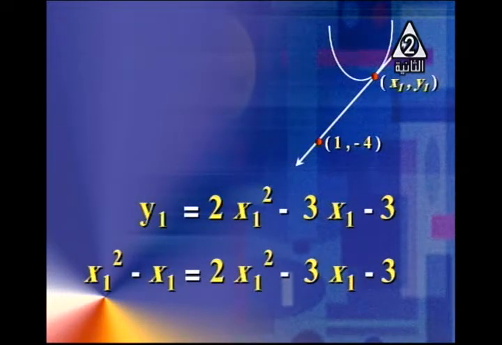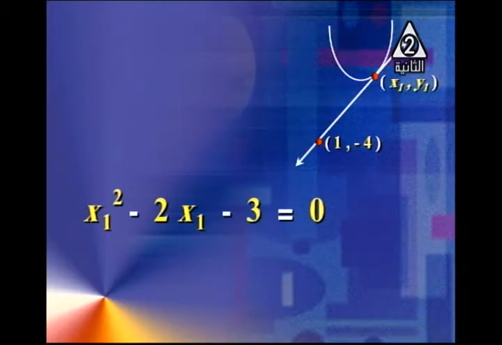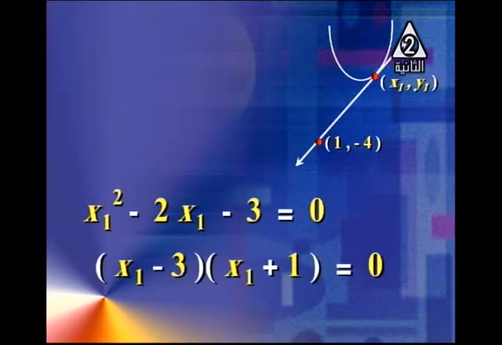Then x1 squared minus x1, this is y1, equals 2x1 squared minus 3x1 minus 3. Therefore, x1 squared minus 2x1 minus 3 equals 0. By using factorization to find the value of x1: x1 minus 3 inside the bracket multiplied by x1 plus 1 inside the bracket equals 0.